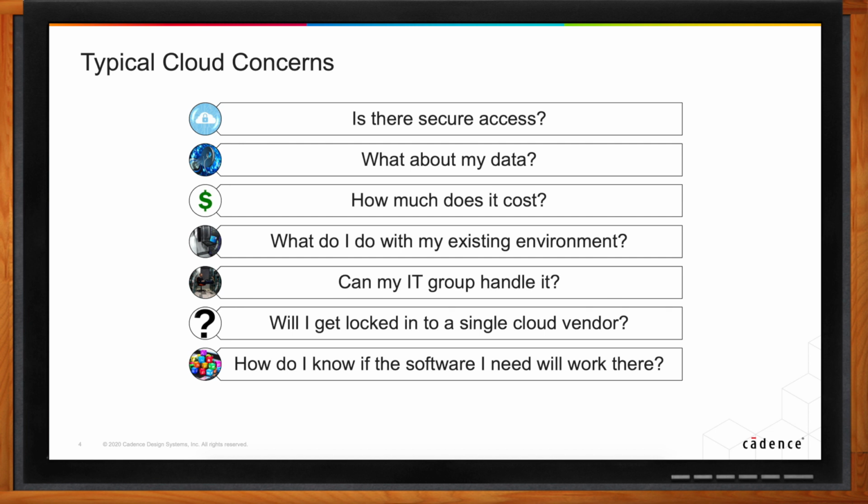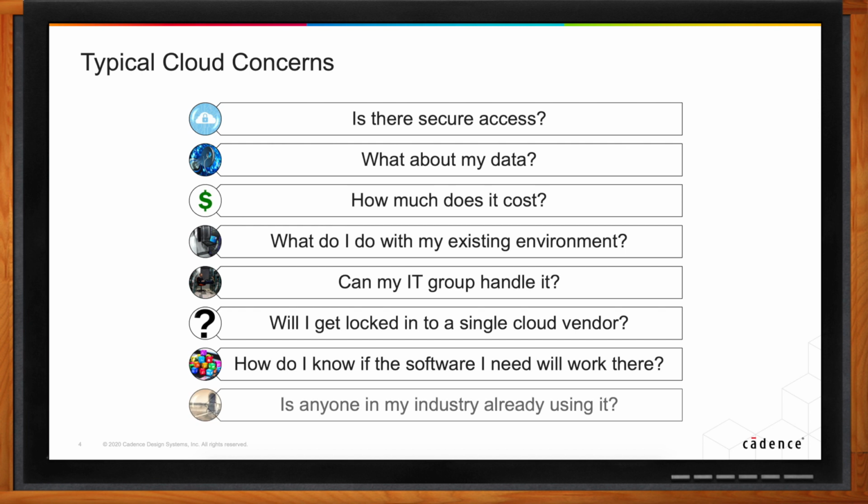And finally, from a Cadence perspective, we always talk to customers and they're almost always interested in understanding, is someone already doing this? No one typically wants to be the first. So there's a lot of concerns, and it's not a simple task about just making a phone call and switching to the cloud. It really has to be part of a strategy. It certainly does seem like that.